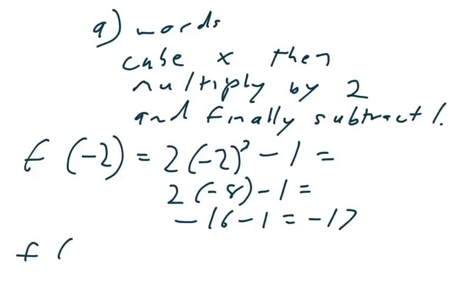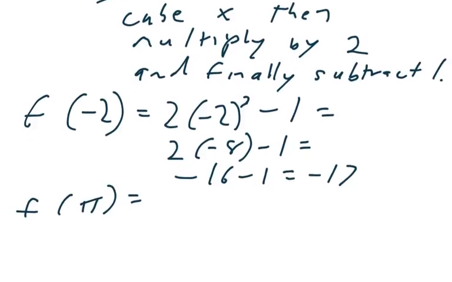If I did f of pi, we would do 2 times pi cubed minus 1. That one, if you don't have a calculator, it would be hard to simplify it. It turns out to be 61.01.